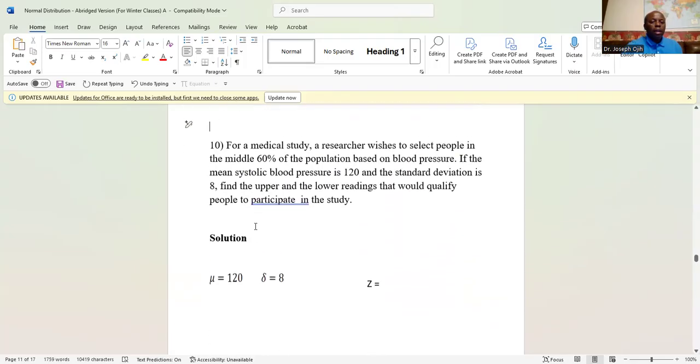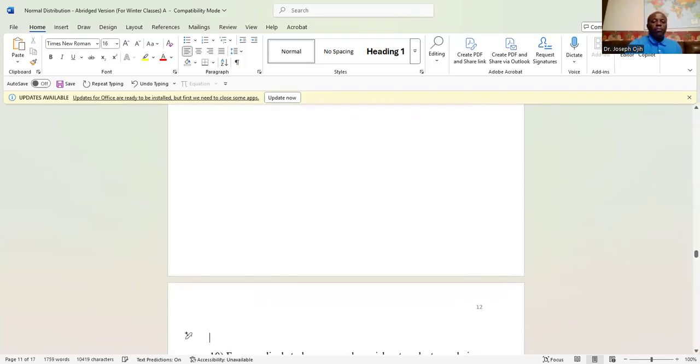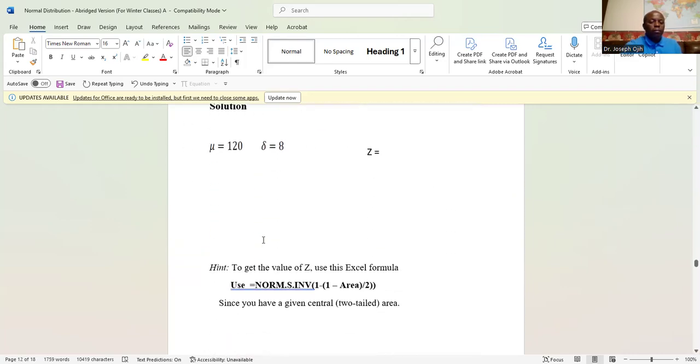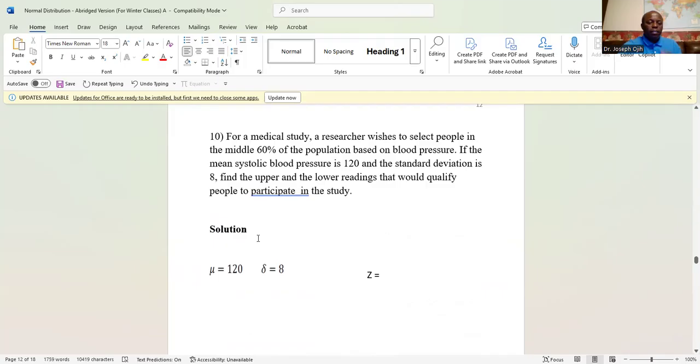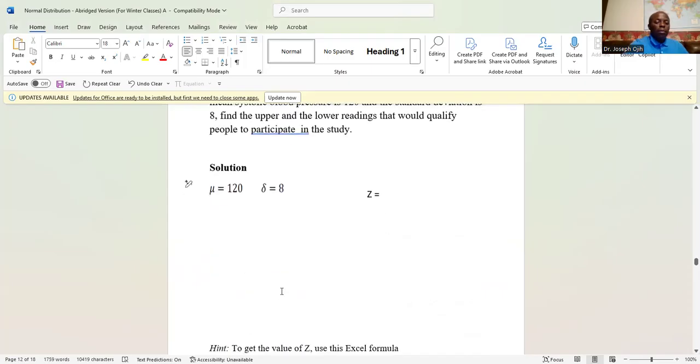To qualify for this test, you have to fall in the middle 60% of the population based on your blood pressure. I'm going to show you how this chart will look. Because you have to be in the middle, there are going to be two Z's, lower and upper: Z1, 0, and Z2.